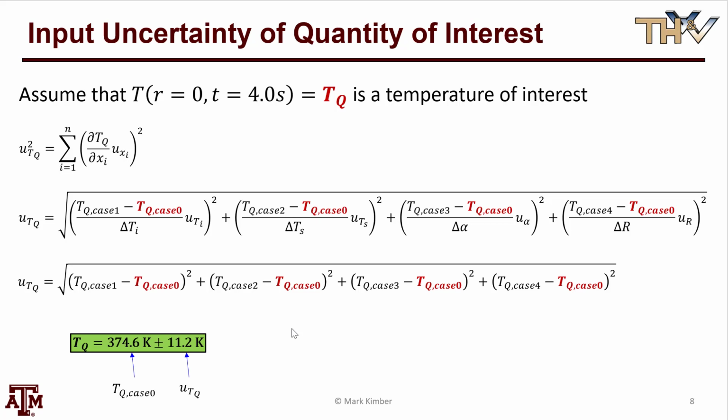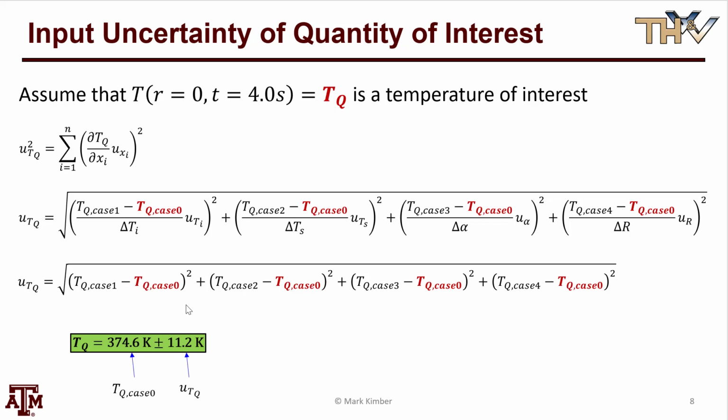Those are our nominal values, plus or minus the uncertainty, which if you carry out through these numbers, you should find 11.2. The analytical model could also be used for this, including a bunch of terms in that infinite series solution, and you find that that's 11.3. So we are awfully close. We get 374.6 plus or minus 11.2.